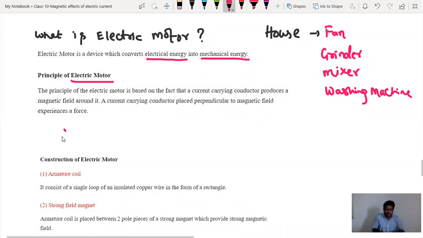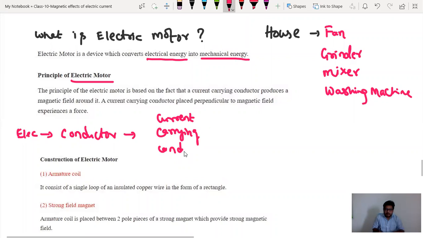If you take a conductor and pass electricity through that, it will become a current carrying conductor, isn't it? This current carrying conductor, definitely it will produce a magnetic field around it. Hence, it behaves like a magnet.